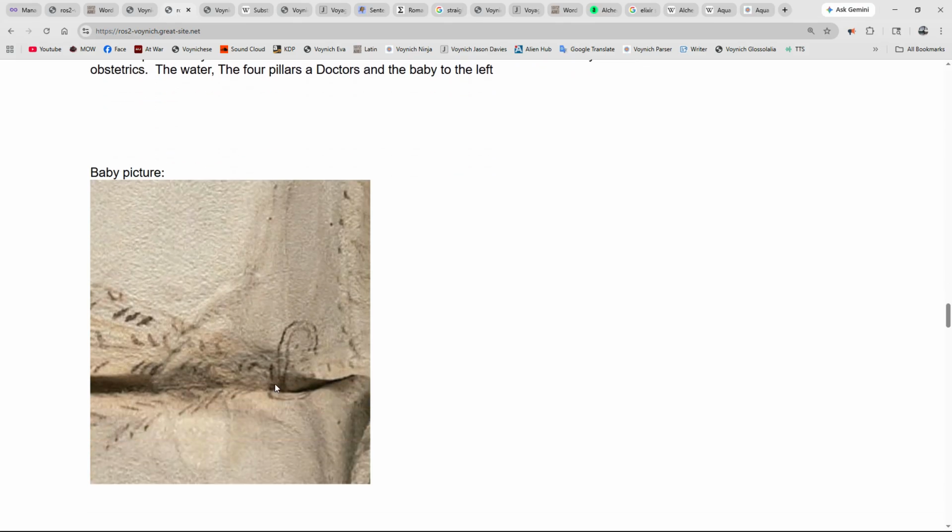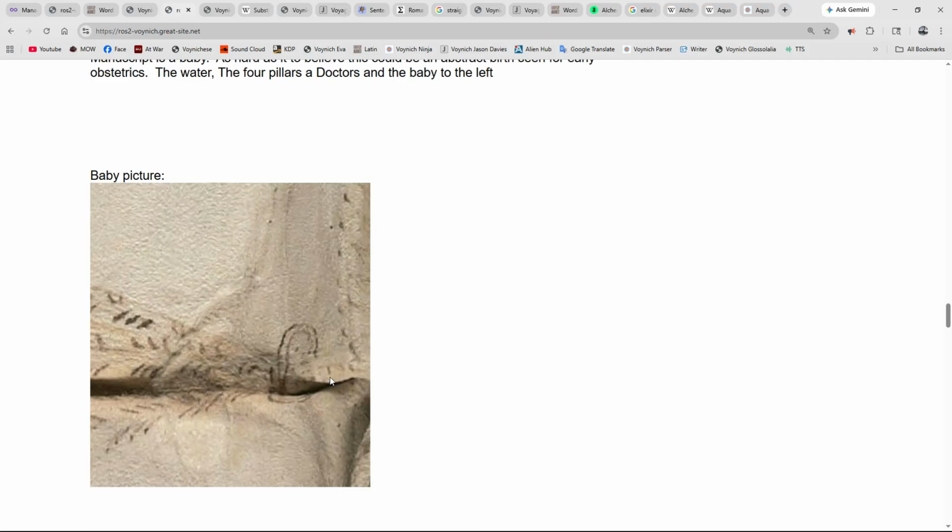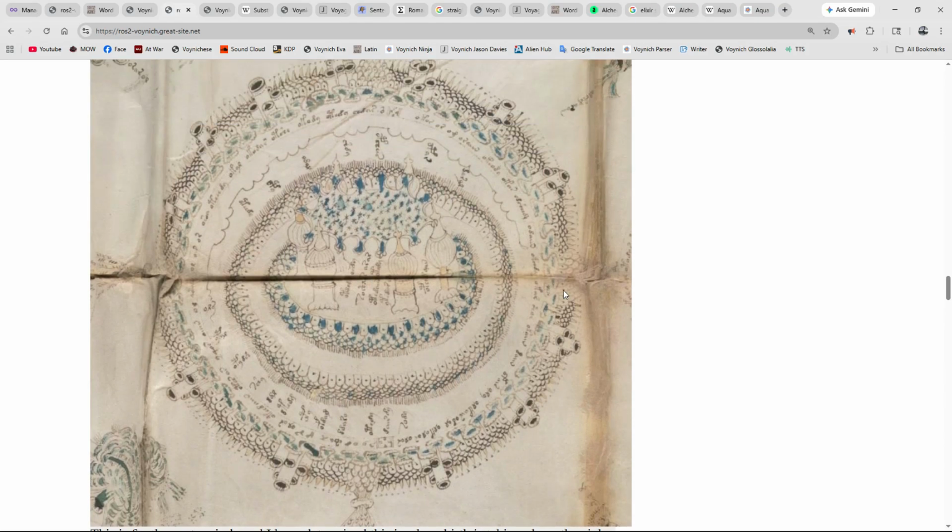So see this? This looks like a baby being held in a little basket or something. This is noticed right here. It's just to the left and just to the right of the second circle.